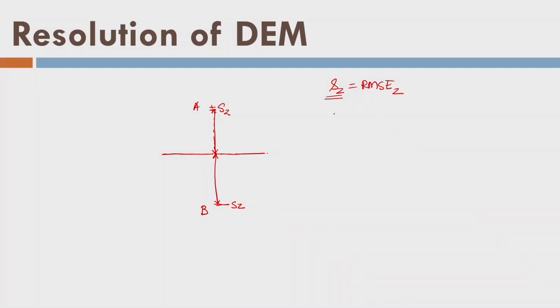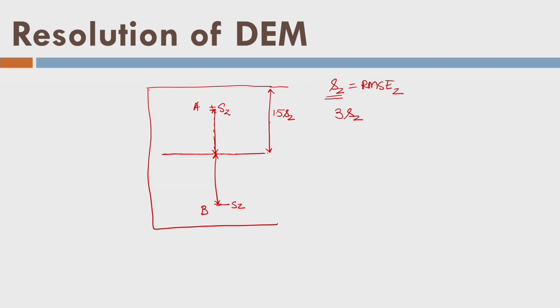If I take 3 times SZ as the cell size or the resolution of the DEM, that means instead of 1 pixel here, I take 1.5 pixel here. And let us say the size is big here, like this.